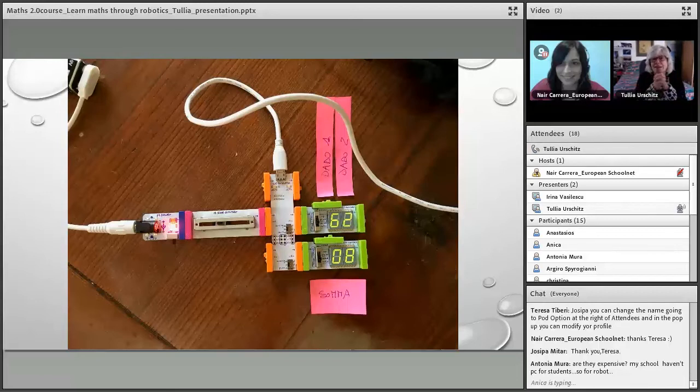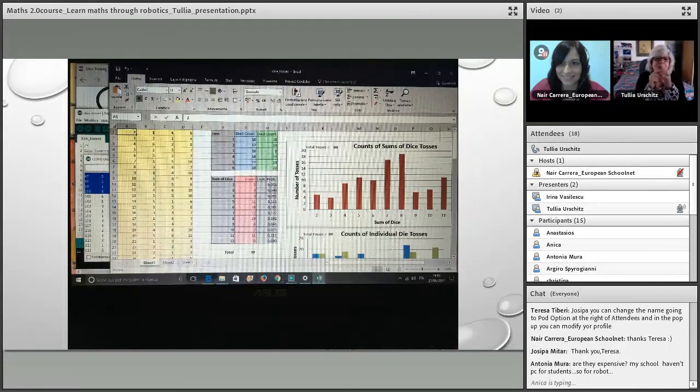We could collect all this data through an Excel sheet in which we could observe that if you have just a few data, you are not able to draw the Gauss curve.